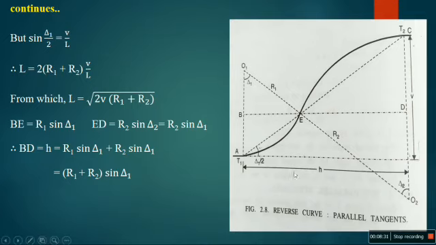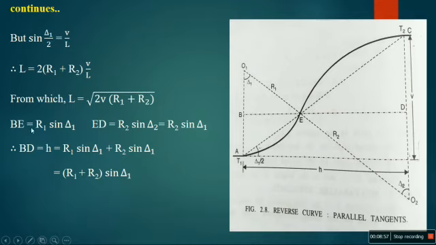Now we have to find the H. H is nothing but B2E plus D2E. Here B2E you can write as R1 sin delta 1, by considering this triangle. Similarly, by considering this triangle, this one is written as R2 sin delta 2.